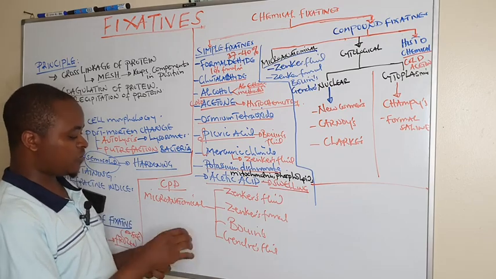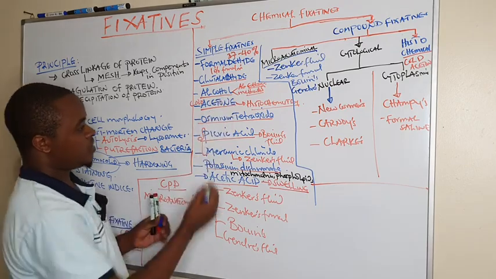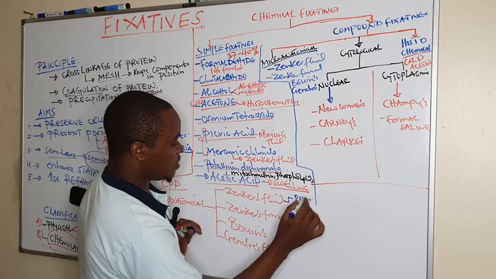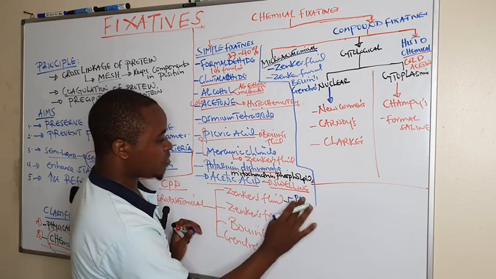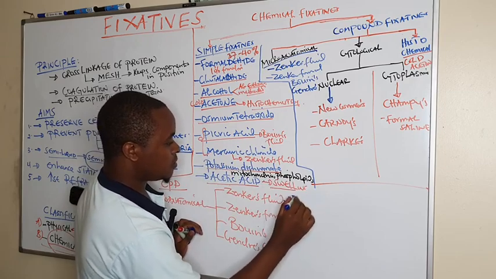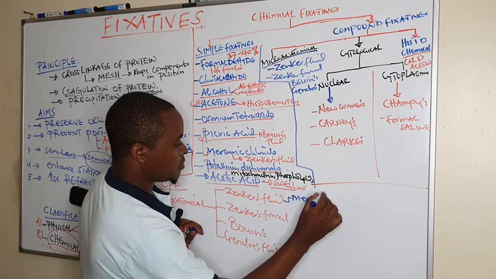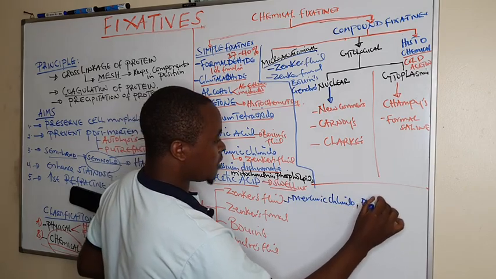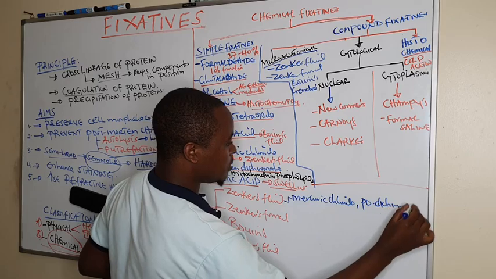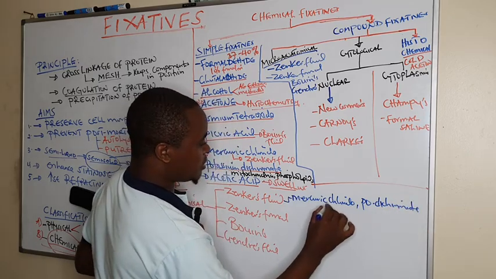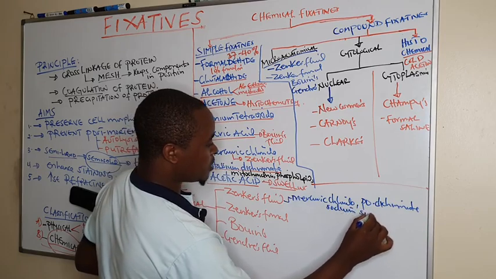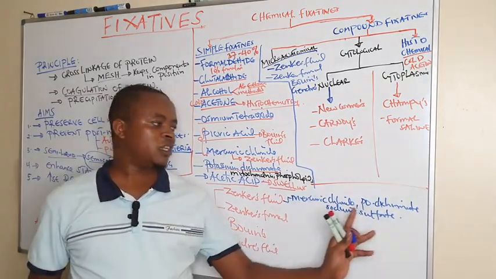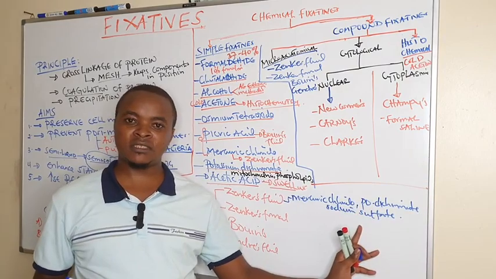And this Zenker's fluid, as we said in the beginning, contains mercuric chloride, potassium dichromate, and sodium sulfate.